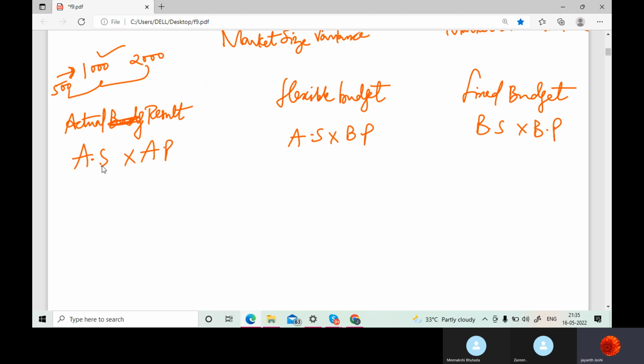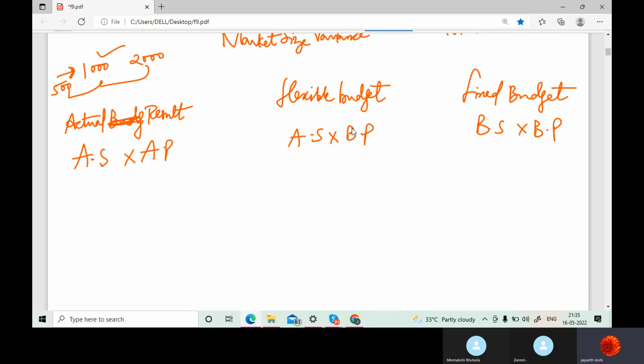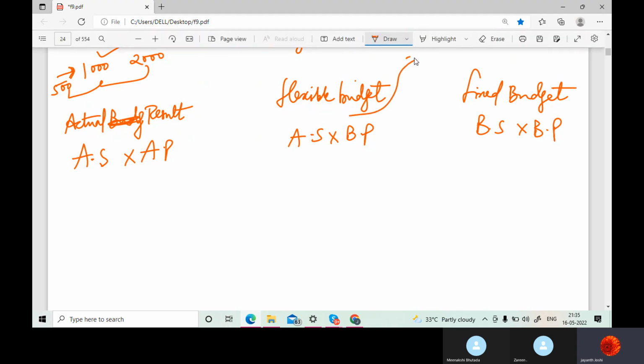Actual is what I see in actuality, budgeted is what I plan. If I take price per unit, it is called standard price. Prices are always per unit. If you take the total amount, it is called budgeted amount. Here I'm using the term budgeted, but I mean standard only.